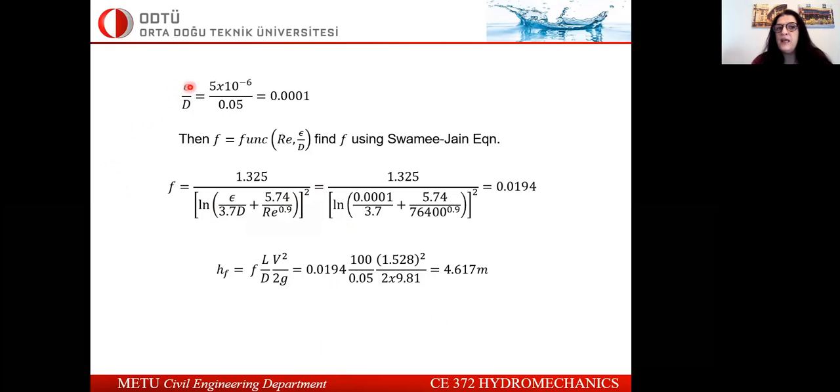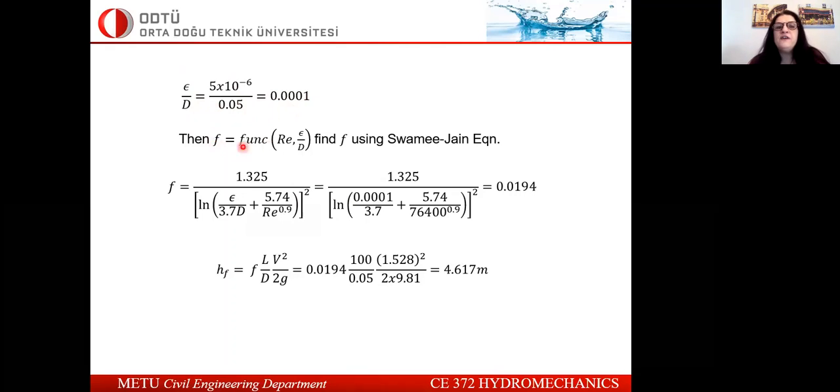Relative roughness is simply epsilon, the roughness height of the pipe, divided by diameter. Be careful, they need to have the same unit. So I expressed that epsilon in terms of meters also. Diameter is already converted to meters. So my non-dimensional epsilon over D ratio is calculated.